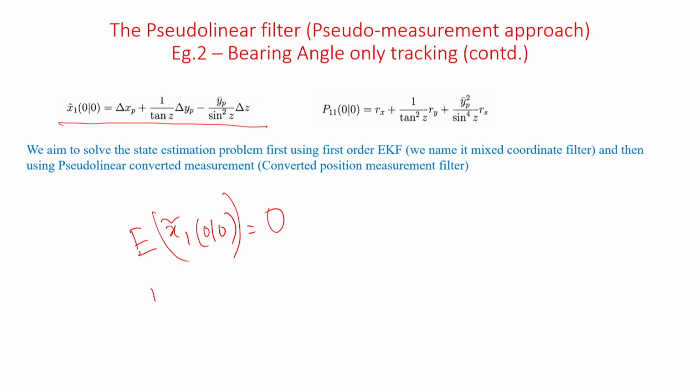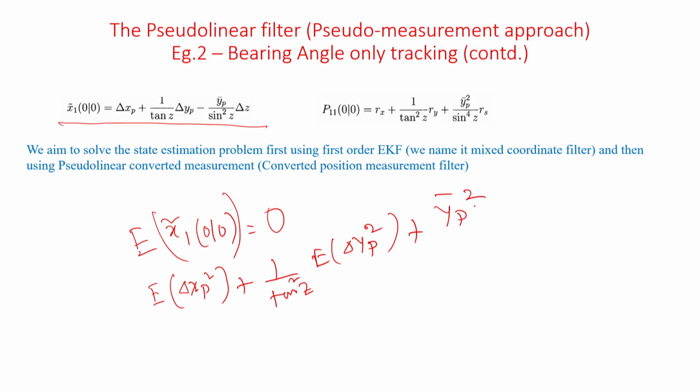Now, how to calculate the variance? Expectation of delta x p square times 1 by tan squared z, you just square it, into expectation of delta y p square, plus y p bar square divided by sin square z, expectation of delta z square.